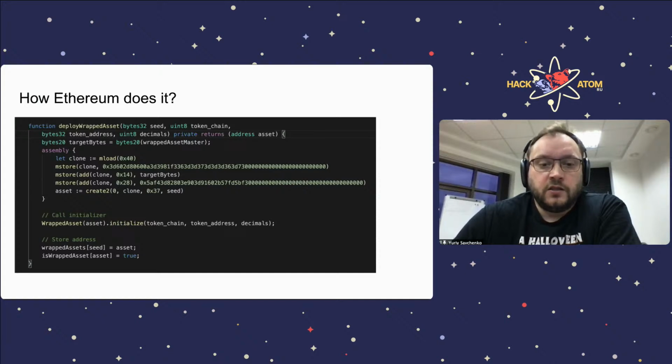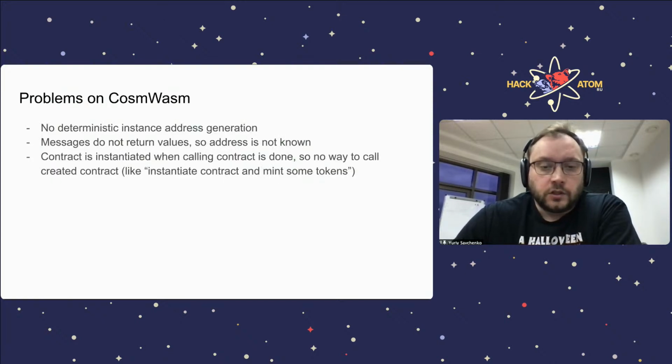What it means is that the execution outcomes will not be saved, and the address of the new contract will remain unknown. Yeah, that's the stuff I've been describing. No deterministic instance address generation. The messages do not return values.